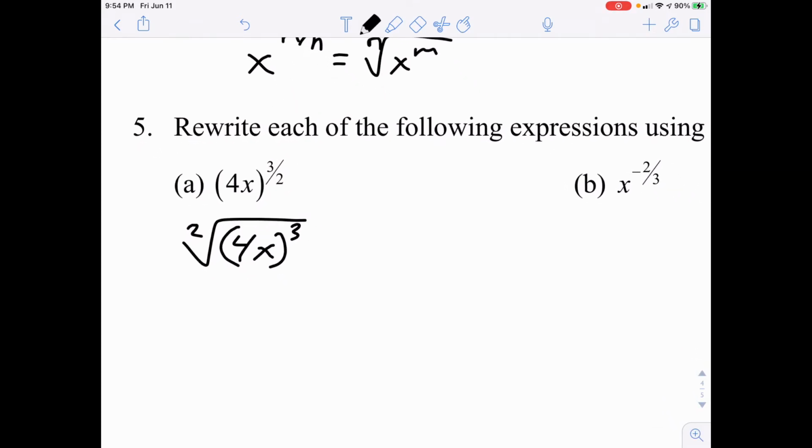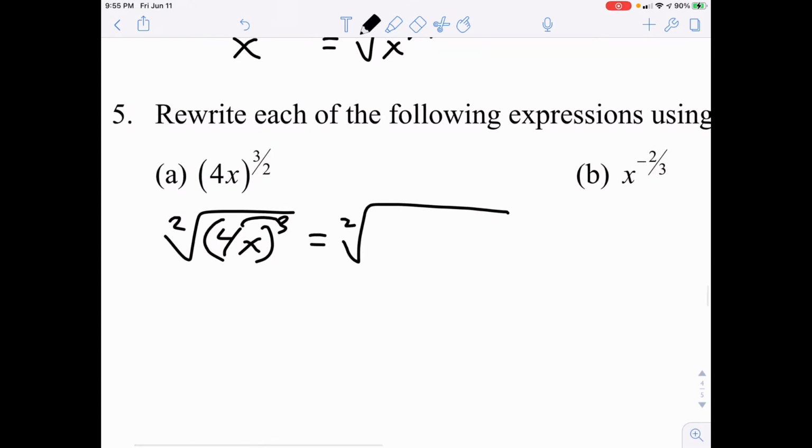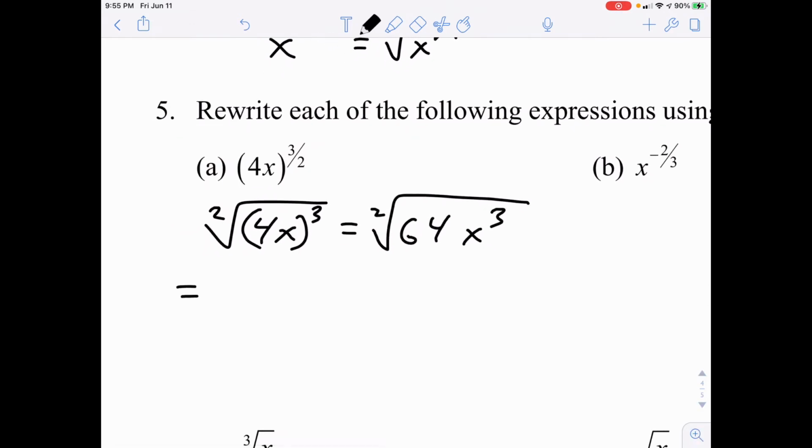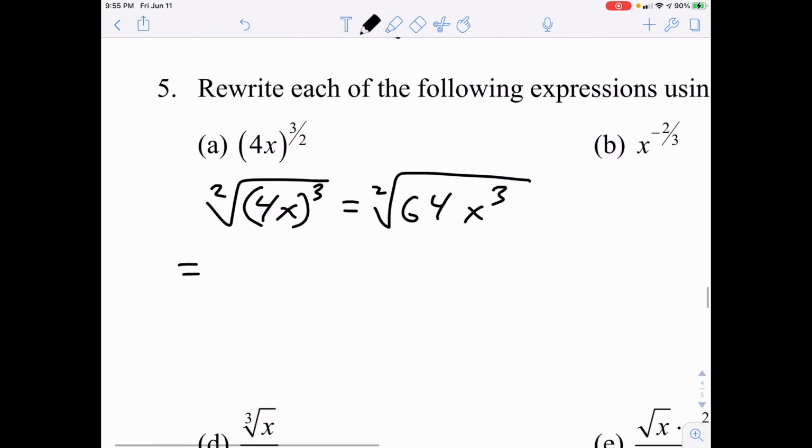Well, I can rewrite that as the square root. I'm going to keep writing this 2 over here. 4 to the third power, you have to put that to both. That would be 64 x to the third power. Now I'm going to split that up into what I can take the square root of and what I can't. The square root of 64 is a perfect square, so I can take that.